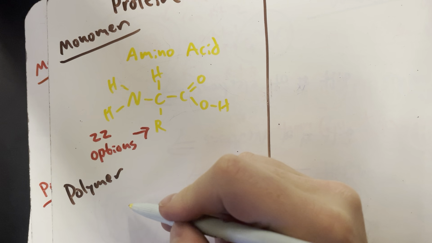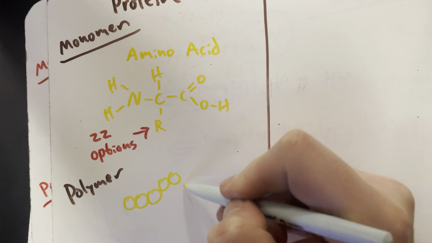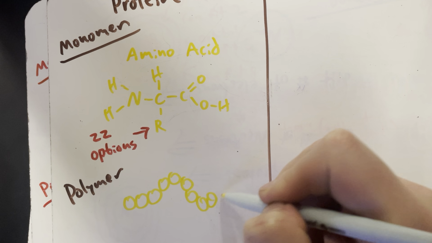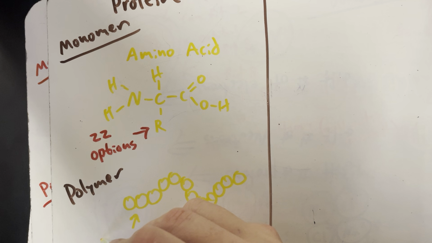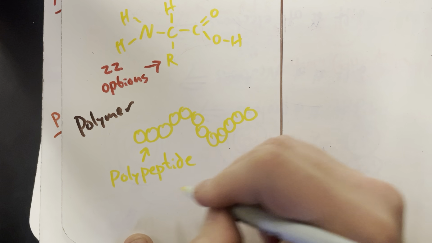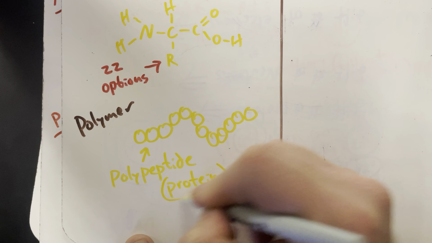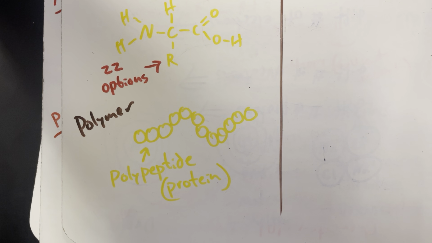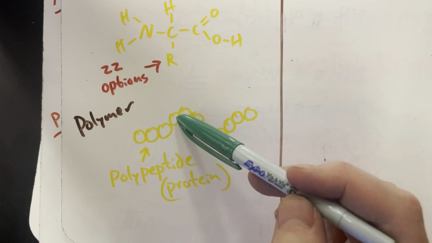I'm just going to draw them as a little circle. You can attach this one to another one, to another one, to another one. You can put hundreds of these things together, and that'll make what's called a polypeptide, or a protein. I drew this as a string so you can see all these different amino acids here.